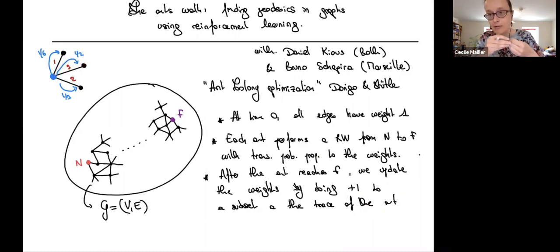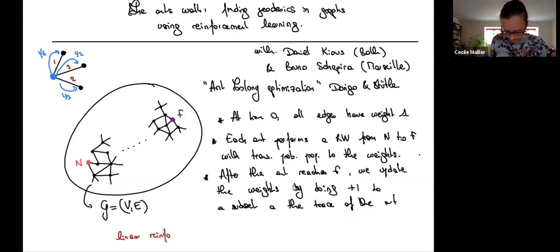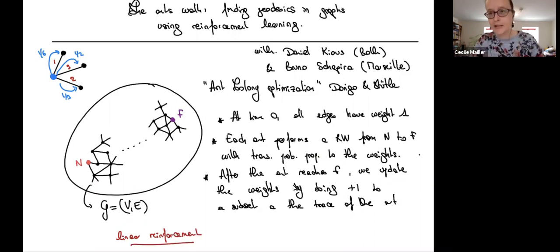So this is linear reinforcement as opposed to sublinear or superlinear reinforcement, which also exists in the literature. But in this case, it's linear reinforcement. So the ants react linearly to the weights.